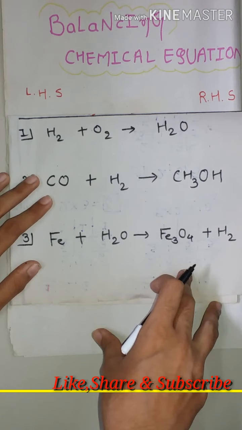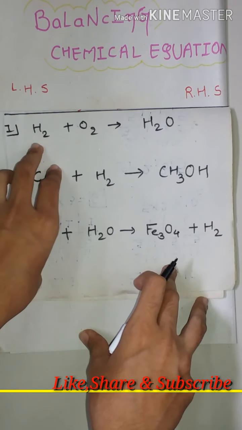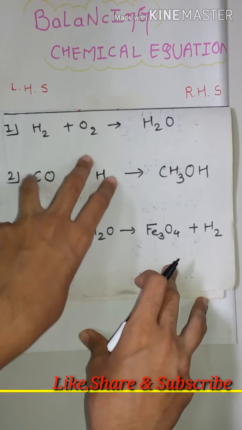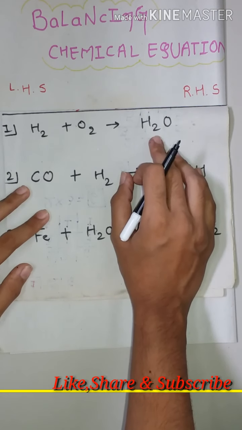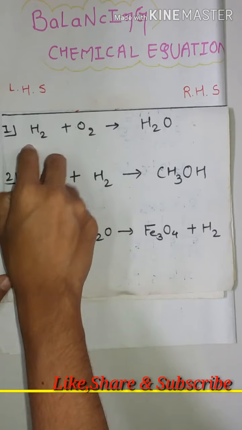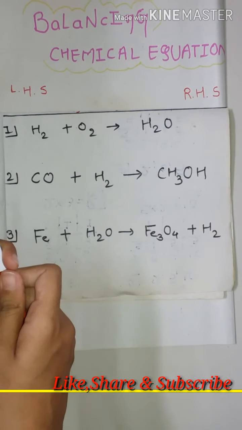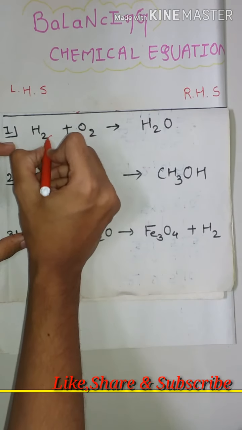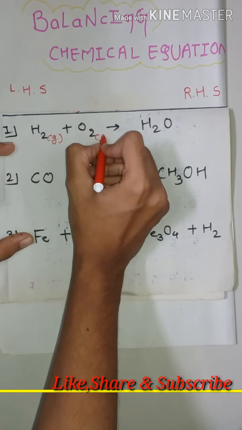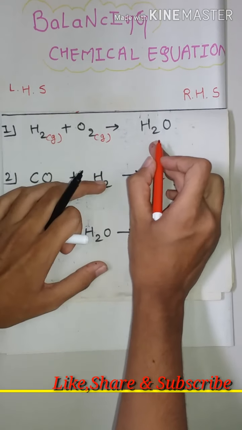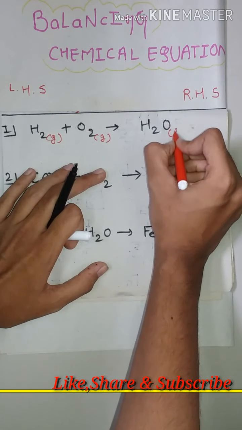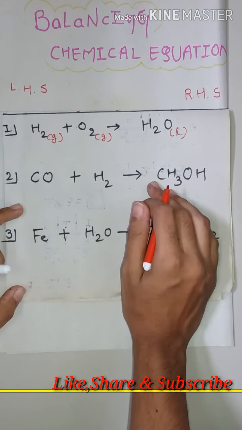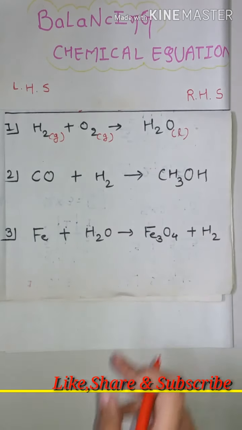In the reactants, there are H2 gas and O2 gas, and in the product there is water. Both H2 and O2 are in the gaseous state, so we will write G as a symbol here, and here is water, so we will write L as the symbol of liquid.